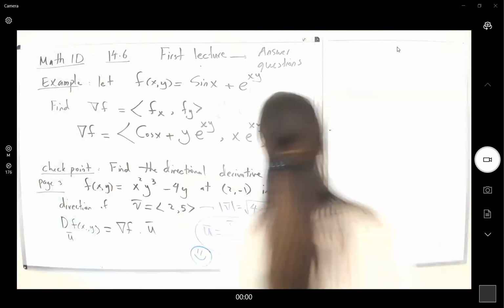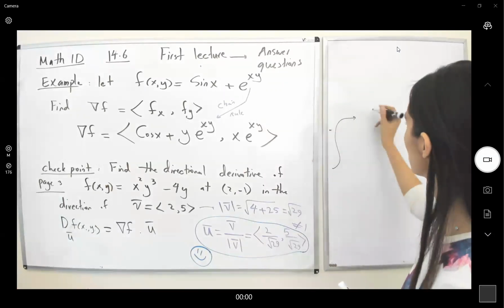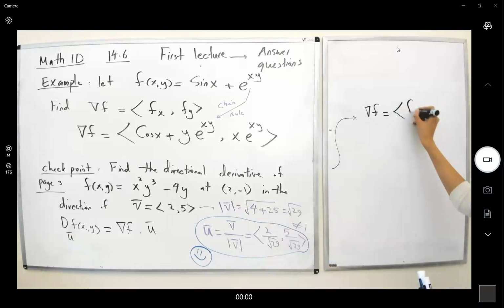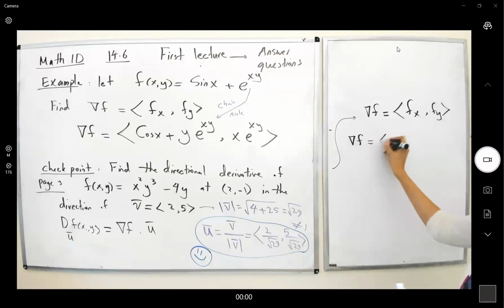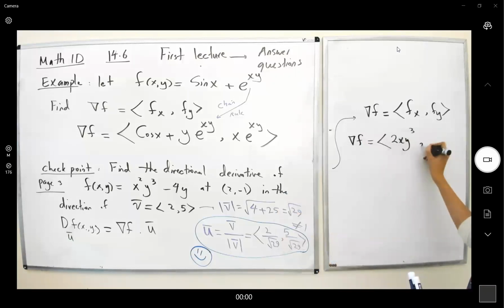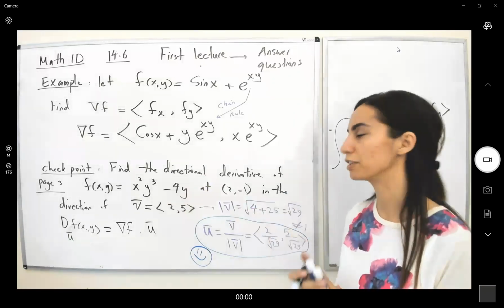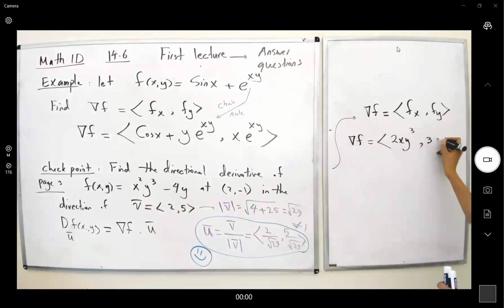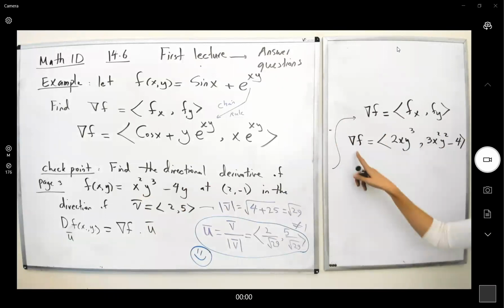Okay, so I'm going to continue that here. The gradient of function f is equal to, with respect to x and with respect to y, nabla f is equal to 2x y cubed, comma, it doesn't have any y, but the derivative with respect to x is 0. Now taking the derivative with respect to y, we get 3x squared y squared minus 4. Very well. So of course you have to calculate the gradient of the function.